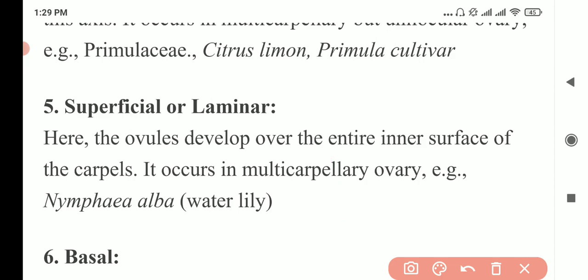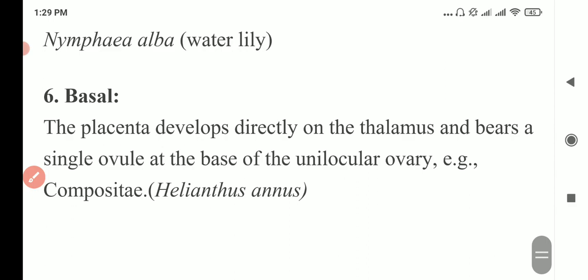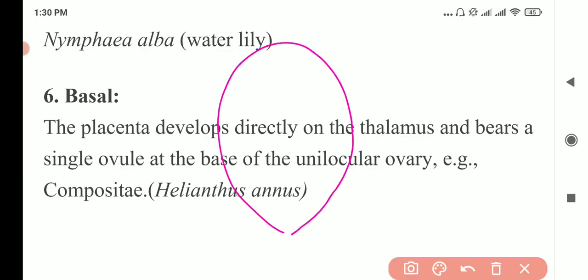Okay, then the last one is basal. You find this in the Compositae family, or the Asteraceae family, which is your sunflower family. You've all eaten a sunflower seed. How many seeds are there inside? I think you will answer, Miss, there's only one. And where do you find it?